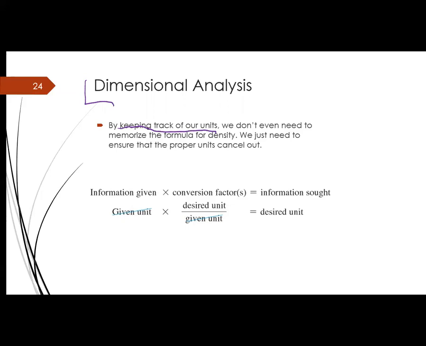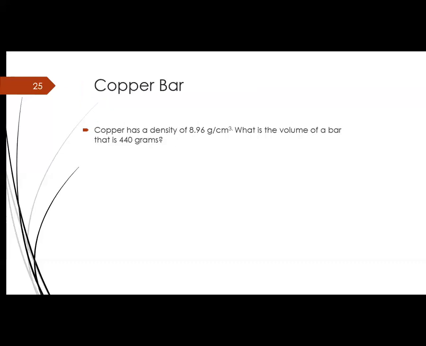We just need to keep track of the units, and when we do our equations correctly and end up with the correct unit at the end, we can make sure that we've done all of the correct steps along the way. So it's about using your units to help see the relationships between them. By changing our units over and over and over again, we can move them back and forth between them. So we'll do an example of this.